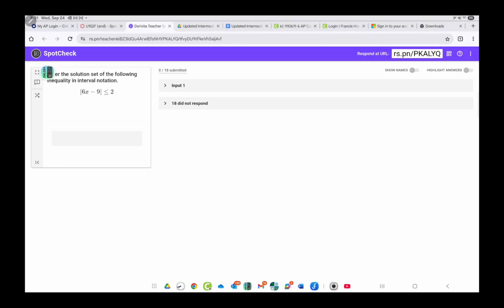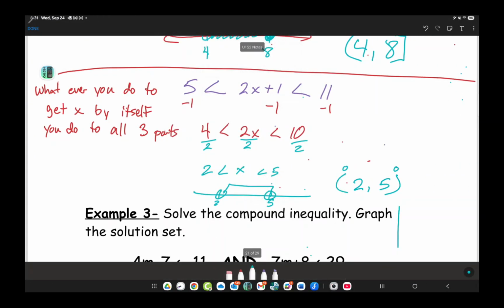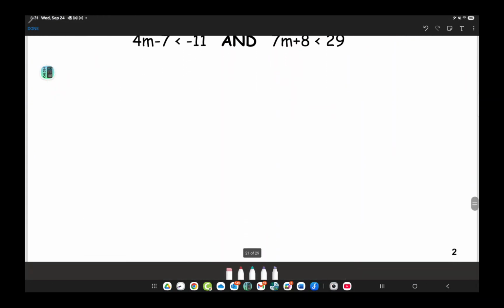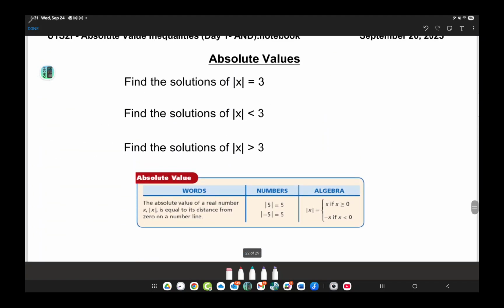Yeah. Okay. So let's go back to the notes. I'm not going to worry about doing this next question here. There's really no point. We're going to move on to the absolute value. So we talked about absolute value here. Yesterday we said x could equal +3 and x could equal -3.